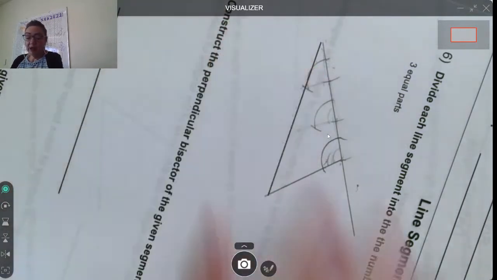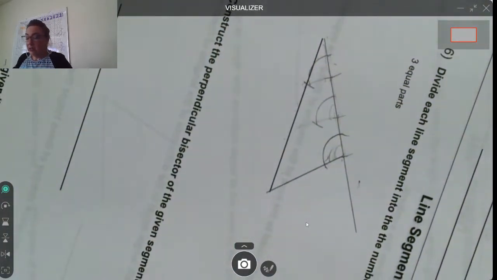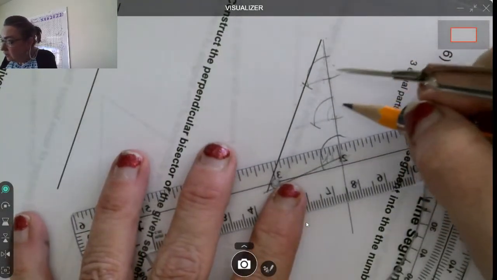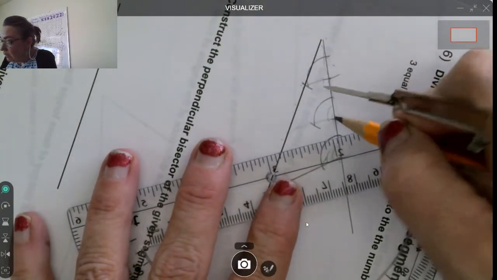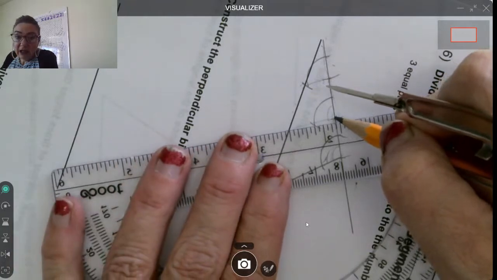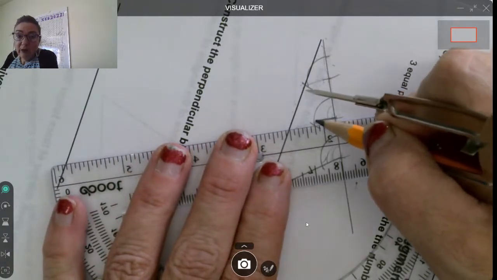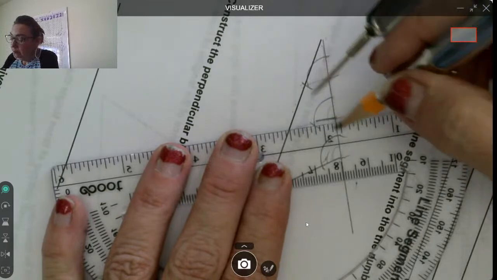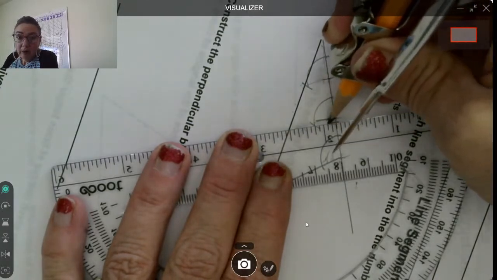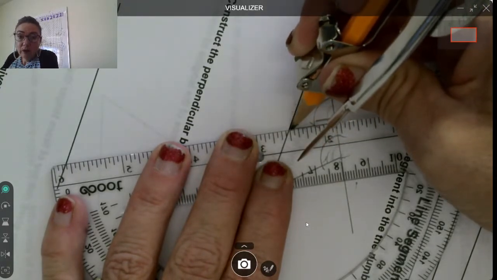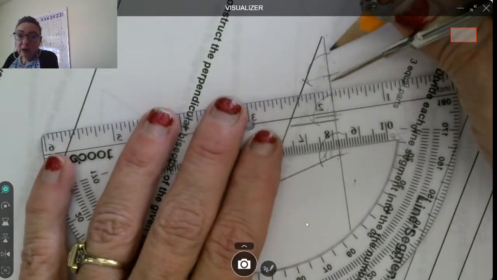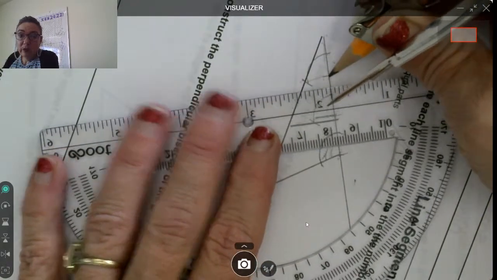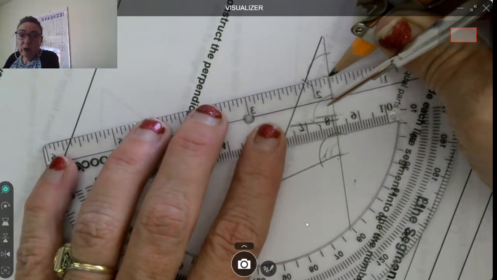Do y'all see that? And then all we have to do is connect that mark we made and go through that. Right there. We're going to put it here on this mark we made, and we're going to go through.